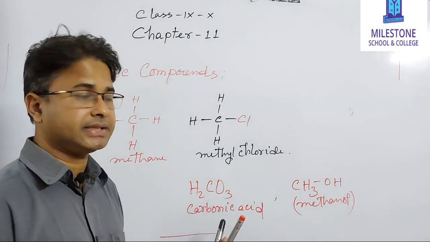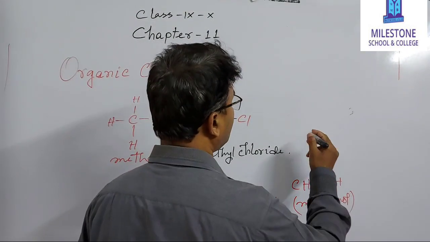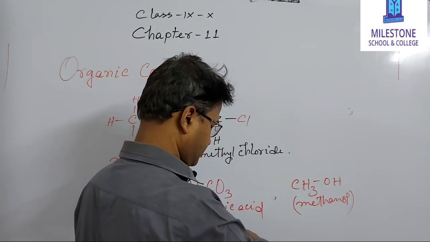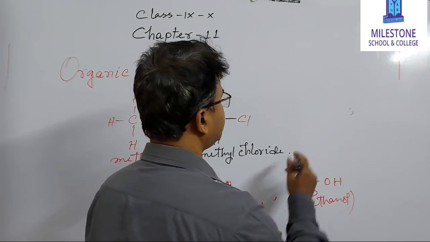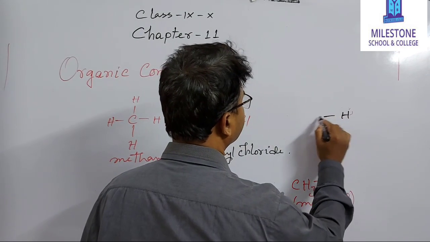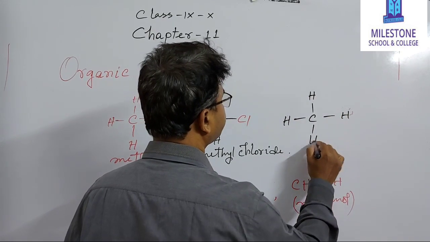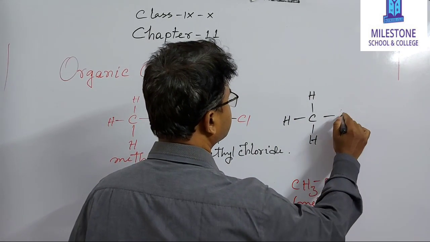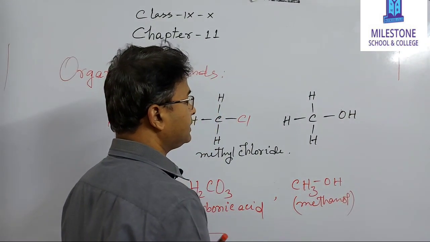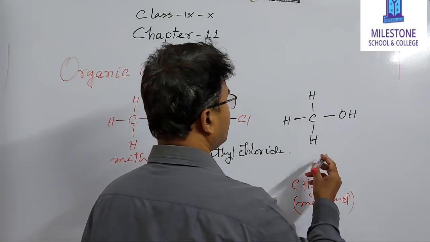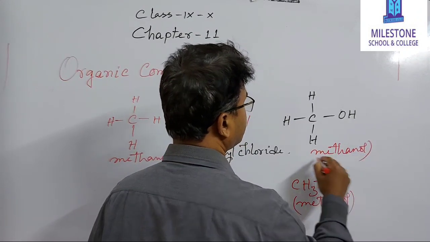What is the reason? The main reason: suppose this is the structural formula of methane. If one hydrogen atom of methane is replaced by an OH group, I mean a hydroxyl group, then this is known as methanol or methyl alcohol.